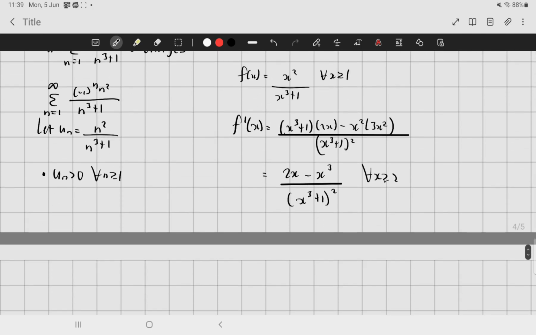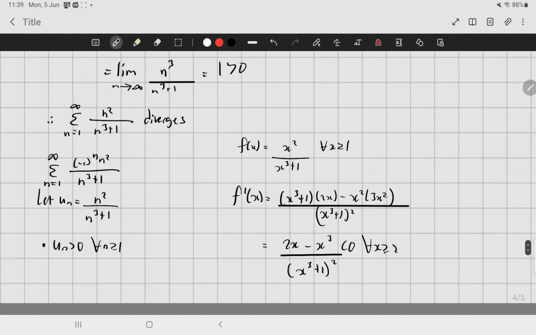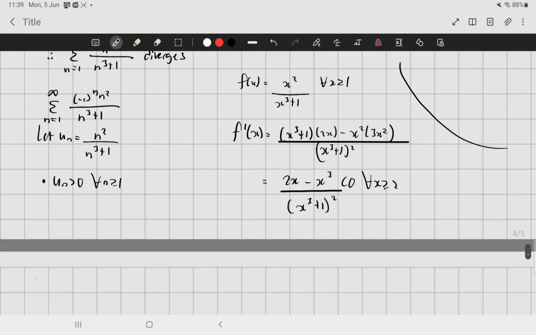Okay, so the derivative is less than 0. Because when the function decreases, the slope becomes a negative value. Then that implies that the function itself is decreasing. So what does this mean? This means our n-th term u_n will always be larger than or equal to the consecutive next term for all n larger than or equal to 2.